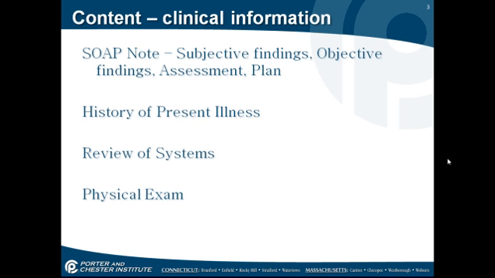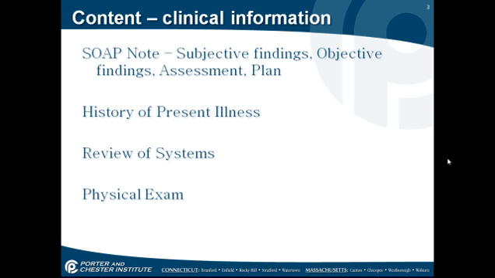Objective findings are those things that we can measure, that we can see. We can talk about a patient's blood pressure as part of the objective findings in a medical history. We can put in there height and weight. Those are objective findings. Those are the parts that the medical assistant will fill out.